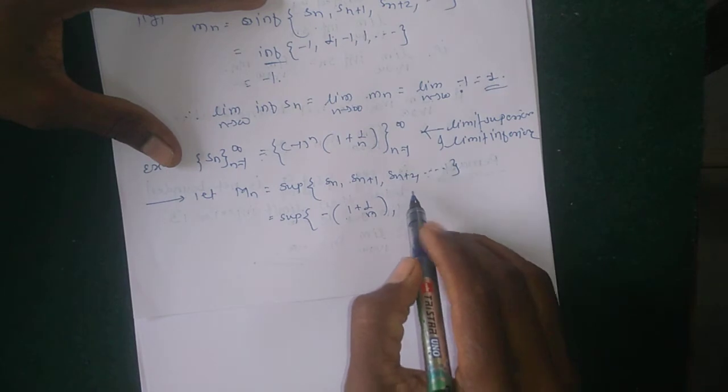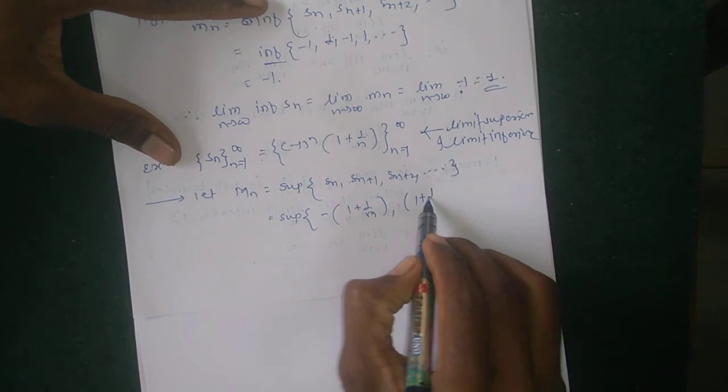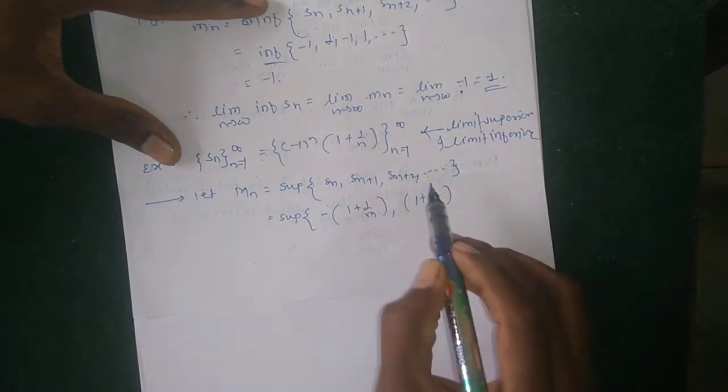Then the second term is, when n is equal to 2, 1 + 1/n with n equal to 2.